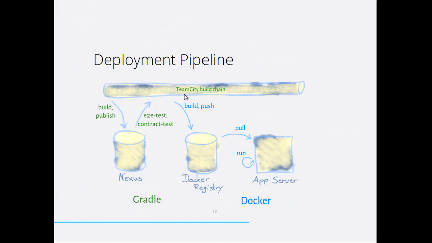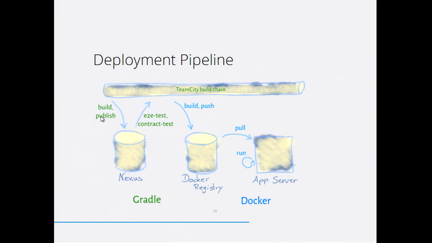First thing, we use TeamCity as our CI server. TeamCity has a feature to pass some build artifacts through your build types. And we pass, for example, our version number for the published artifact.